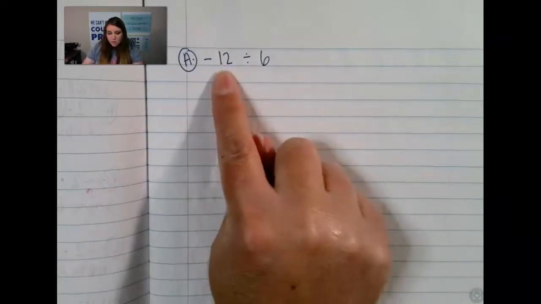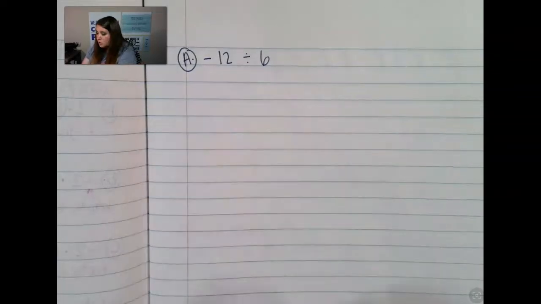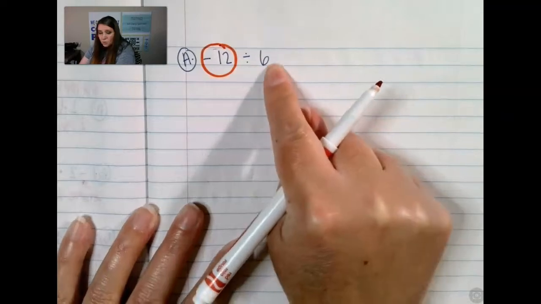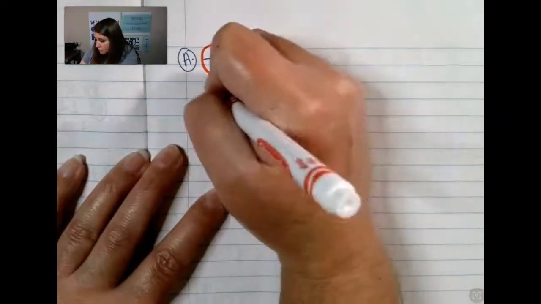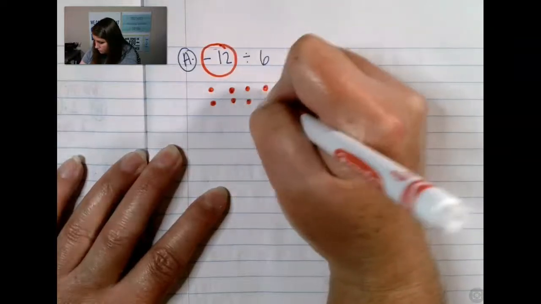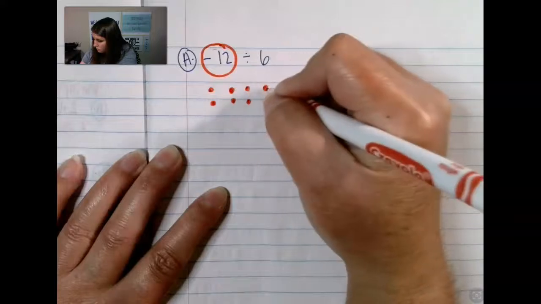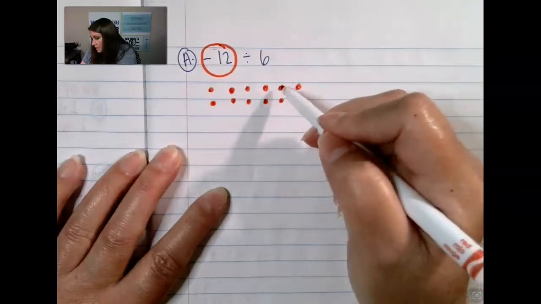And so what we're starting with is negative 12. So I have negative 12 and I need to split it into 6 equal groups. So I'm going to take negative 12: 2, 3, 4, 5, 6, 2, 4, 6, 8, 10, 12.